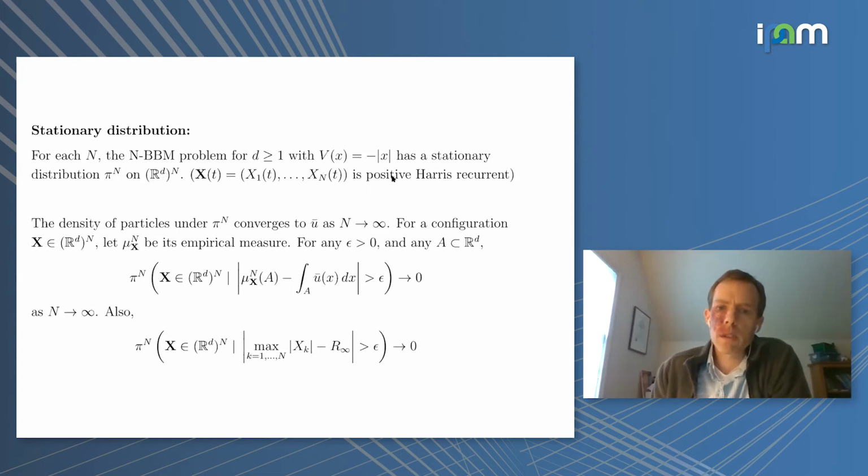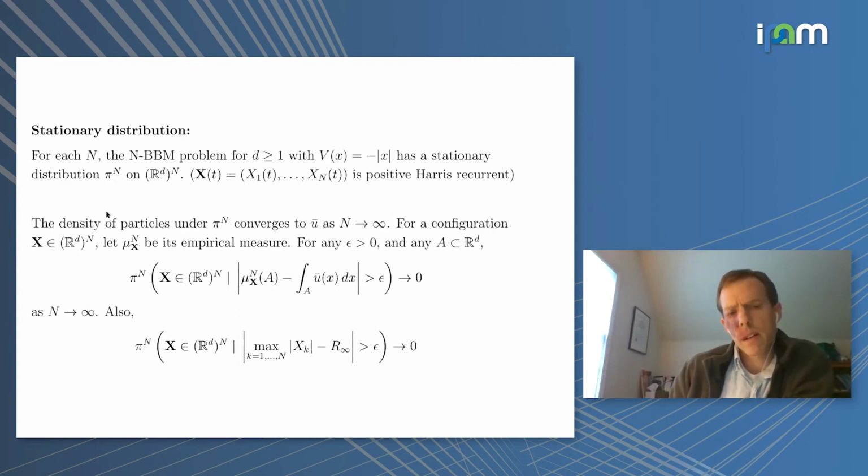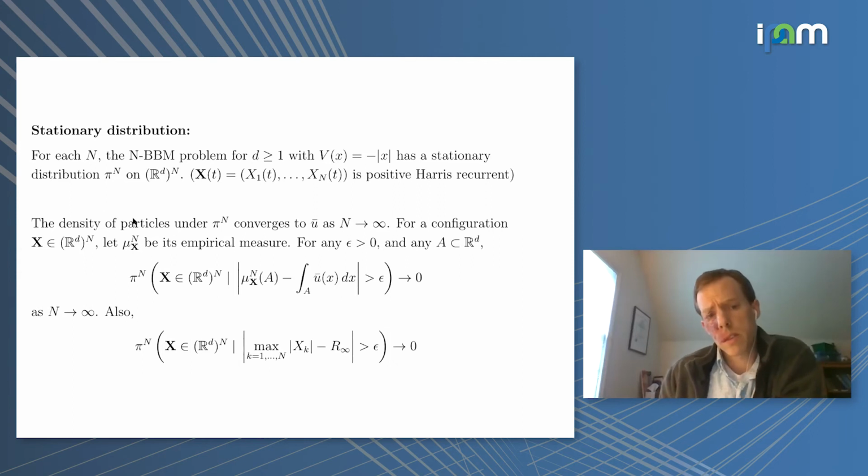So our first result in this direction is that this process is positive Harris recurrent and has a unique stationary distribution, pi n, and the distribution of x(t) converges exponentially fast to this stationary distribution, pi n. So that's for fixed n.